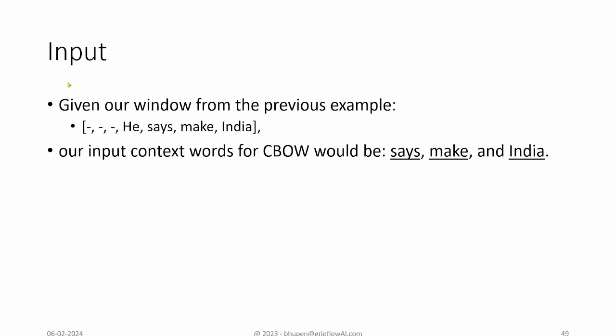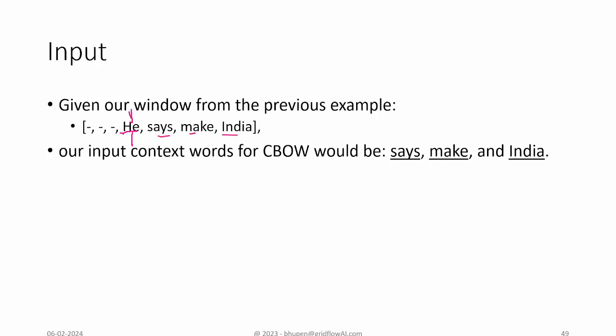As in the illustration, the input is given our window from the previous example. Let's say this is a window. So our input context words for the CBOW model would be these three here: says, make, and India. So this is my target, which is Y, and these are my input.